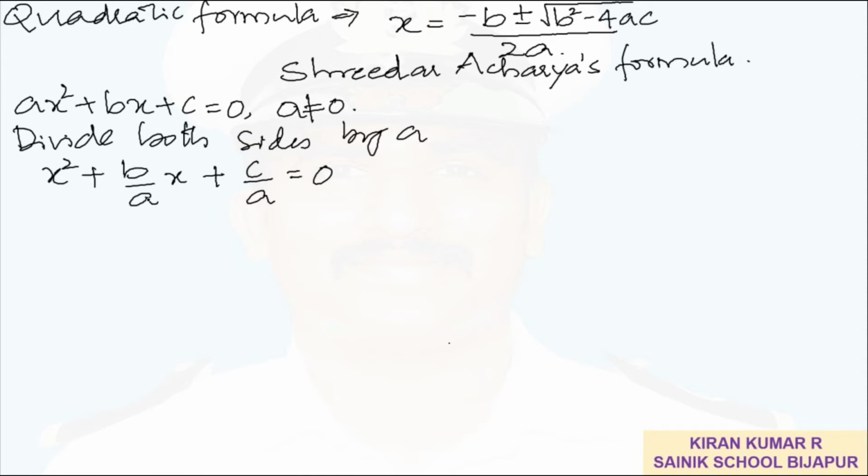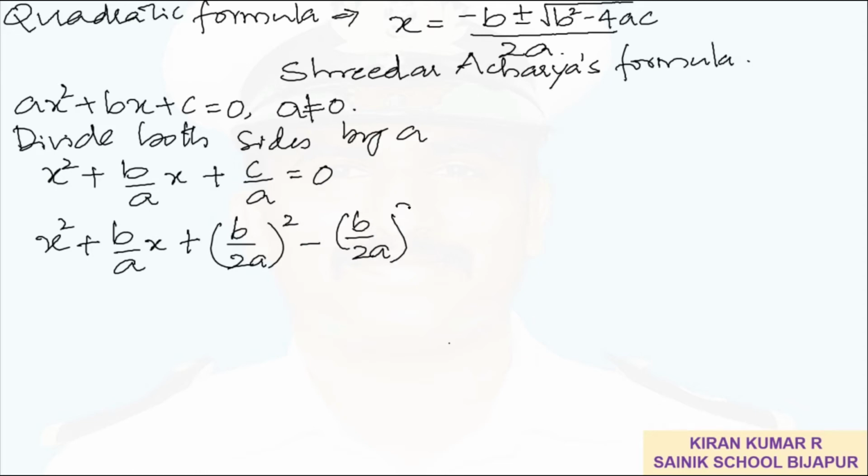Suppose we consider b by 2a whole square and add and subtract it. We'll get x square plus b by a times x plus b by 2a whole square minus b by 2a whole square plus c by a equal to 0. Here, an important thing you notice, I will be making a trick here.